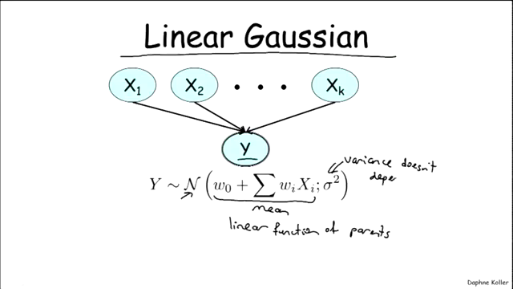So the variance is fixed. That's the definition of a linear Gaussian CPD, and obviously it's restricted. It doesn't capture every situation, but it's a useful model and a useful first approximation in many cases.